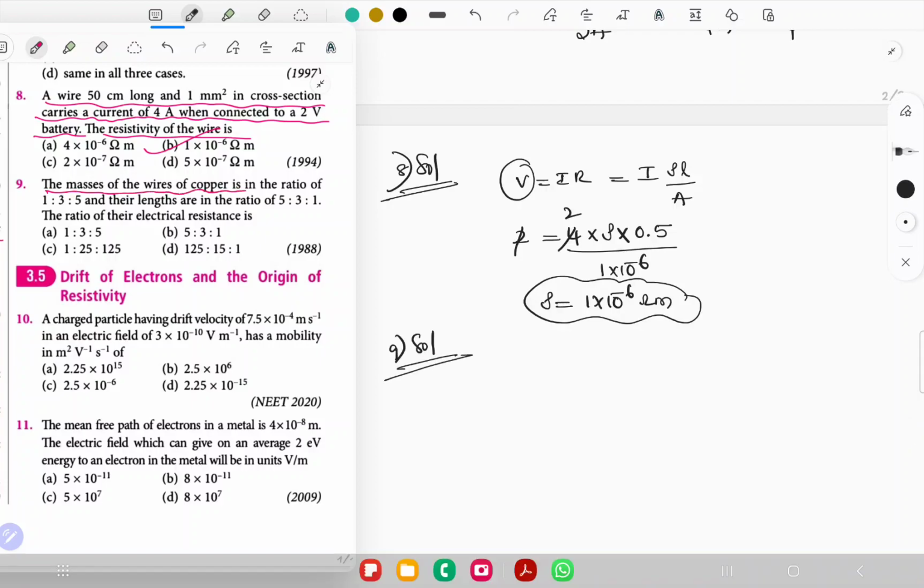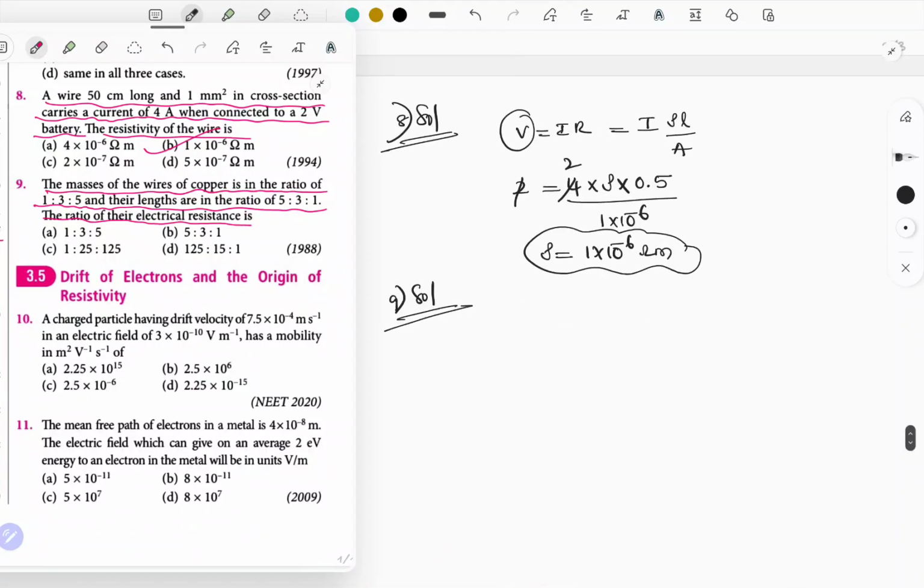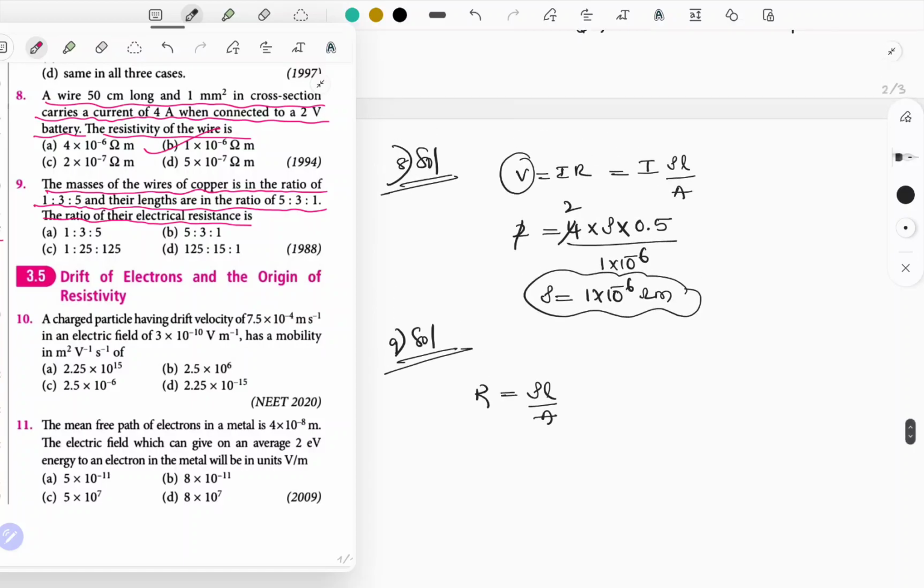The masses of the wires of copper are in the ratio 1 is to 3 is to 5, and their lengths are in the ratio 5 is to 3 is to 1. The ratio of their electrical resistance, they are asking. Okay. The formula for resistance is R is equal to rho L by A. In the question they have given the ratio of masses.